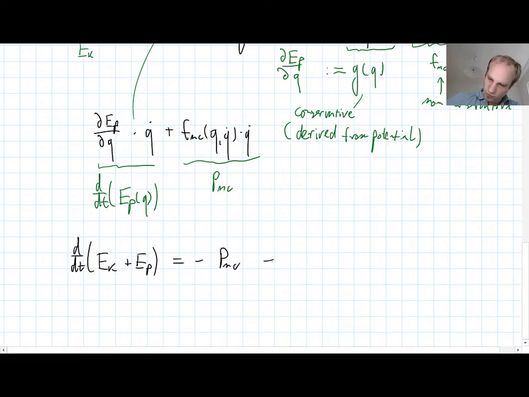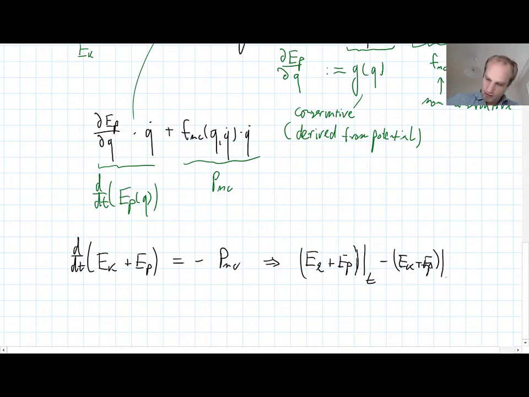And we can of course write this also in integral form and say that the sum here, actually let's write it like this, at a certain point in time, at time t, minus the value of this at time t0, so the initial energy, is the integral of P NC.